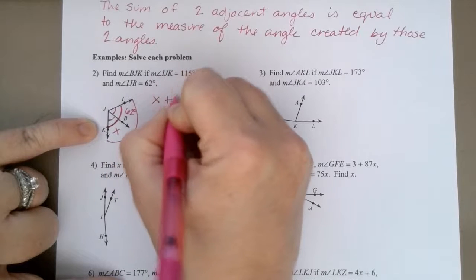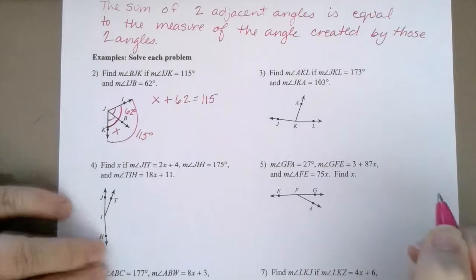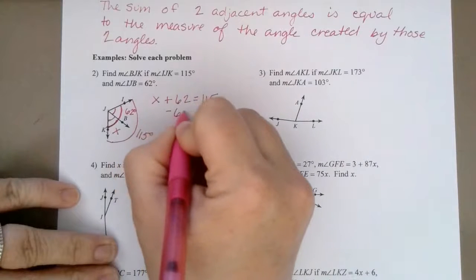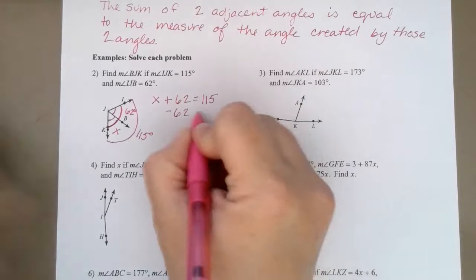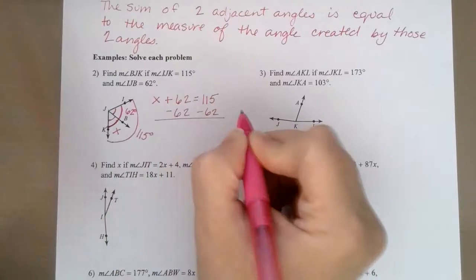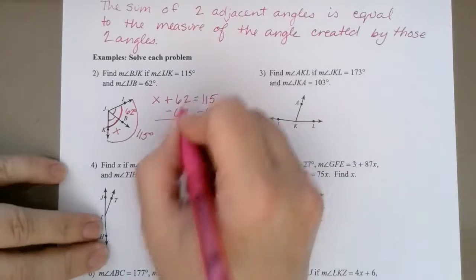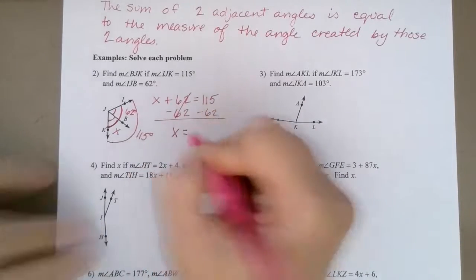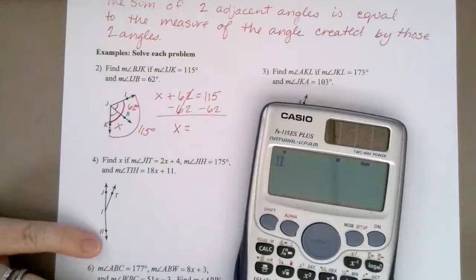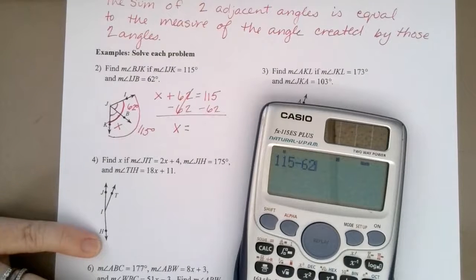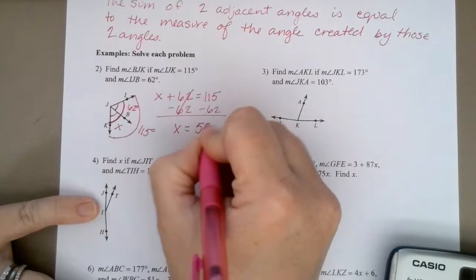X plus 62 equals 115. So I'm going to subtract 62. And what is 115 minus 62? 53. Now what did I just find?